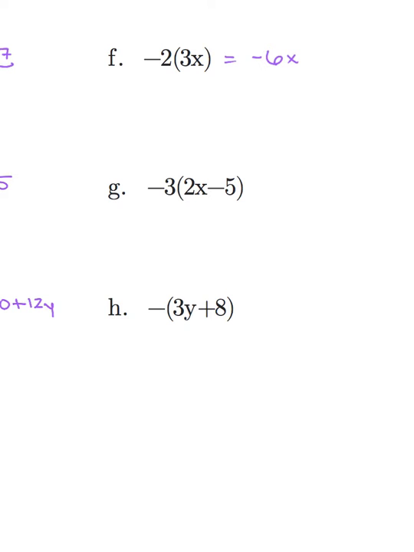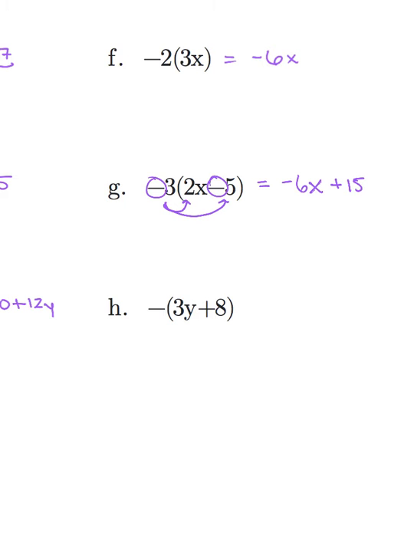So if we do this, we get negative 3 times 2x is negative 6x. And if we multiply negative 3 times negative 5, we should get plus 15. Make sure that you take these two negatives and make them into a positive.